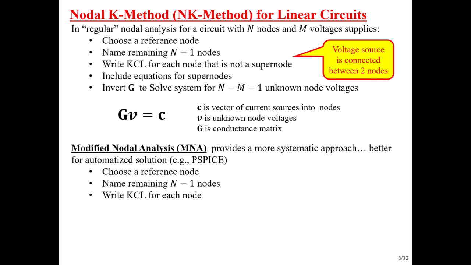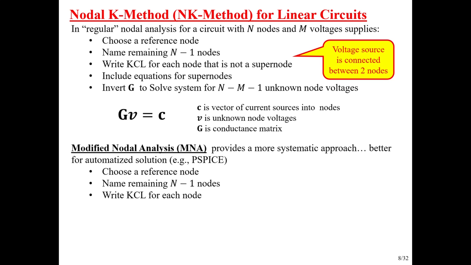Now that will require us to write out symbolically the current through a node that has a voltage source connected to it. We won't know what that current is, and we won't have an equation to write that current in a standard nodal analysis form.